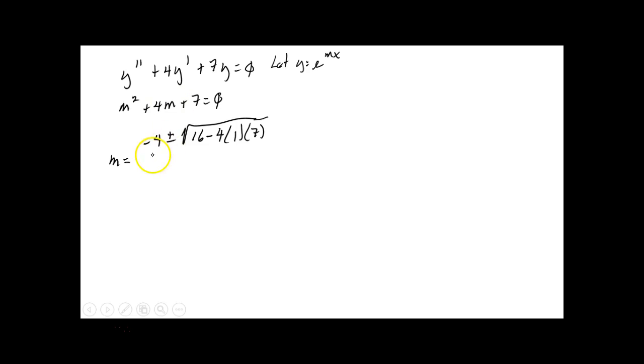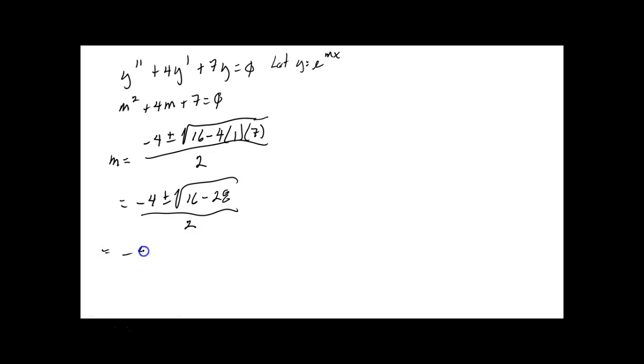Okay, let me try this again, over 2. And what does that give us? Minus 4 plus or minus the square root of 16 minus 28, over 2.